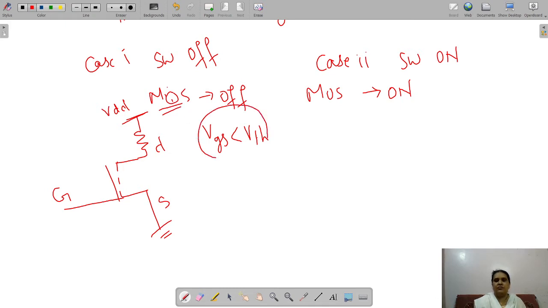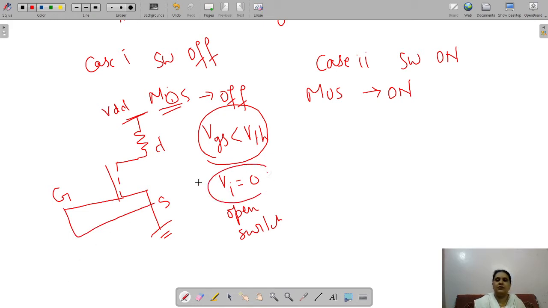If my value of VGS is less than VTH, the MOSFET is automatically shifted to the cutoff region. For this, if I make the input voltage itself 0, the value of VGS will automatically be less than VTH and the MOSFET is driven to the cutoff region. Therefore, it is off and behaves like an open switch. So just take this input and ground it, and directly the value of VGS will become 0.